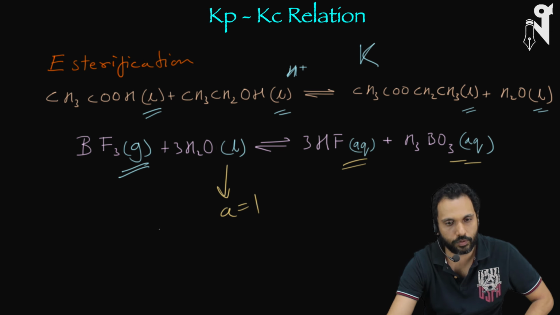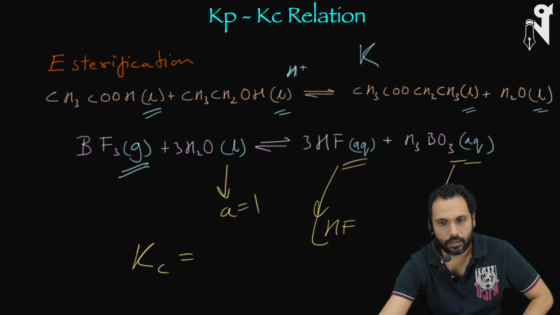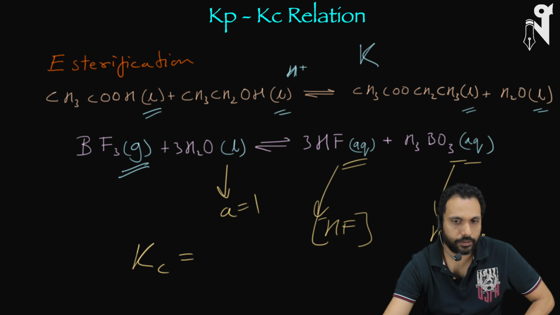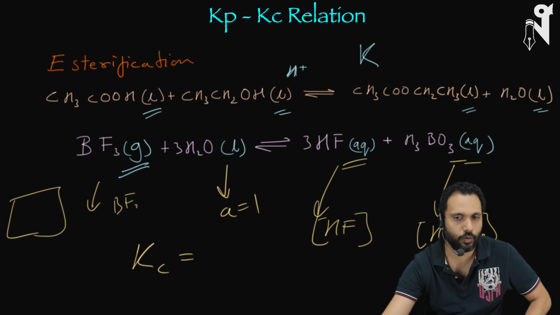If at all it comes, you'll be talking about Kc, so that we can write the concentration of this, the concentration of HF, the concentration of boric acid, and the concentration of this, even though it is gas, we have already discussed number of moles per unit volume is the concentration. So concentration of that can be written. So we'll be doing Kc and not a Kp value for this.